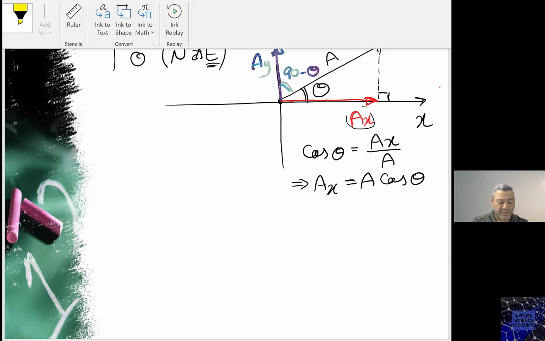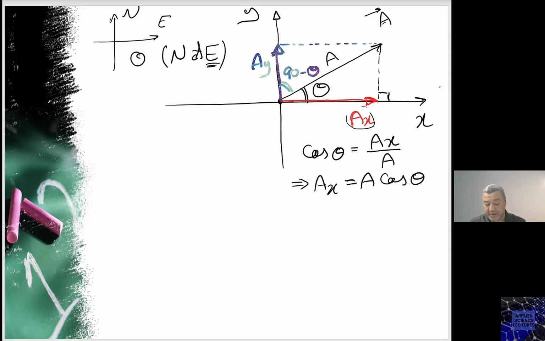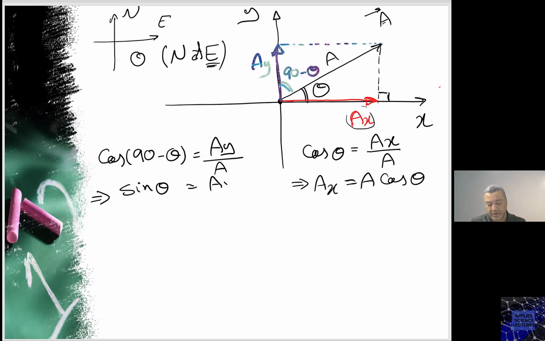And using the same expression, cosine 90 minus theta is indeed the adjacent, which is AY divided by the hypotenuse, which is A. Now, cosine 90 minus theta is indeed sine theta, and this equals AY over A. Or I can say that AY, the projection of the vector on the y-axis, is indeed A sine theta.